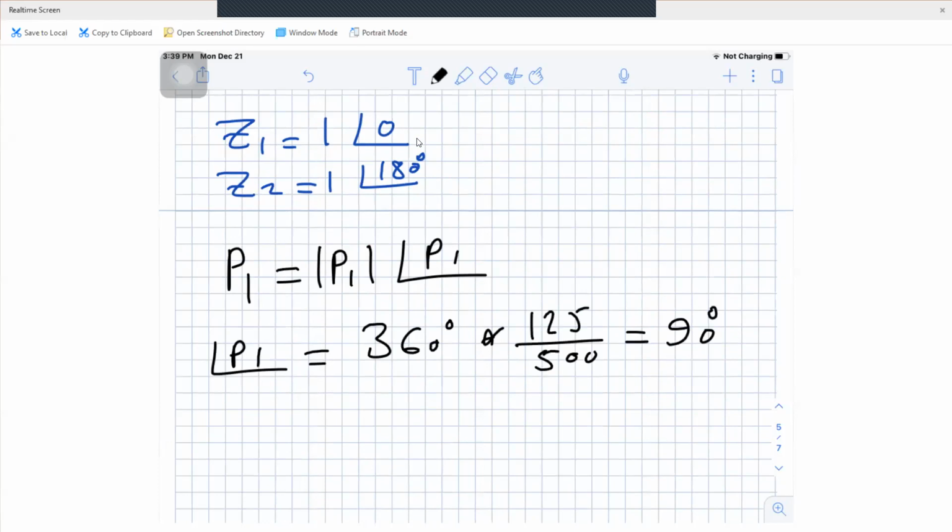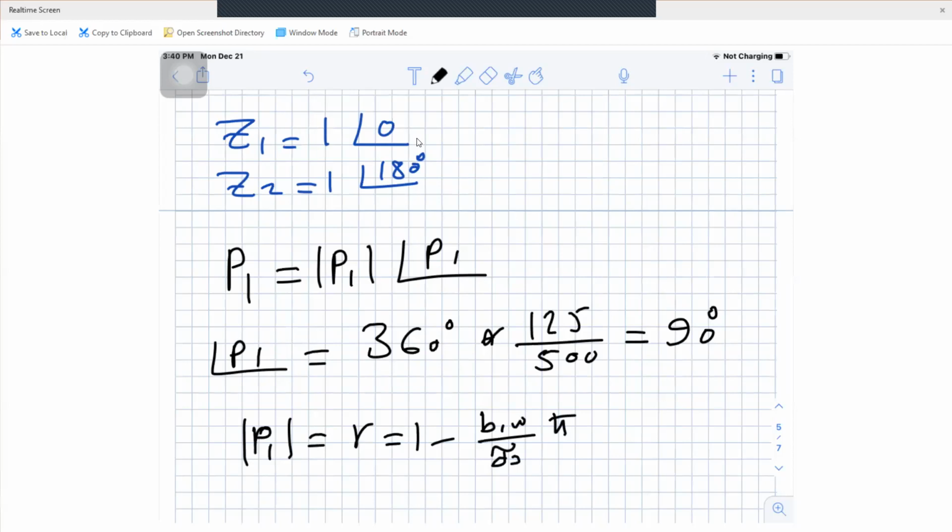What about the length of P1? We have an equation based on practical applications. The P1 magnitude equals R, and R equals 1 minus bandwidth divided by Fs multiplied by pi.